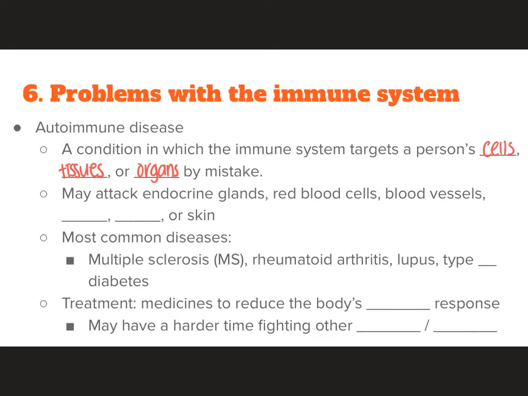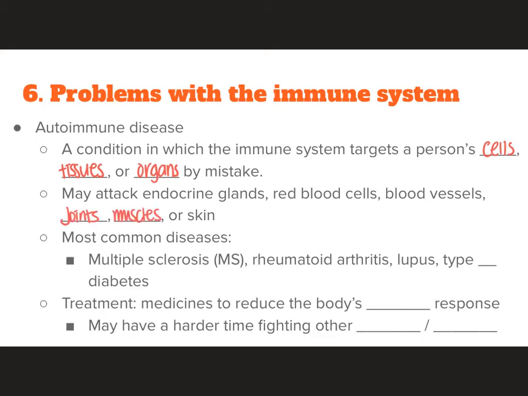You may have your immune system attack your endocrine glands, which means different glands that produce hormones, red blood cells, blood vessels, and even joints, muscles, or skin.